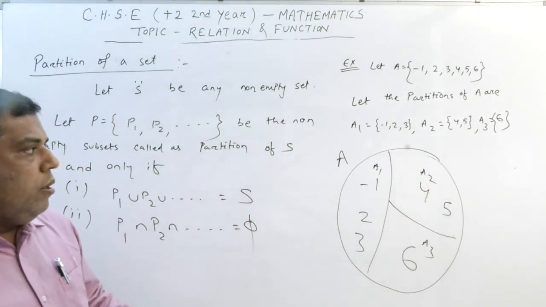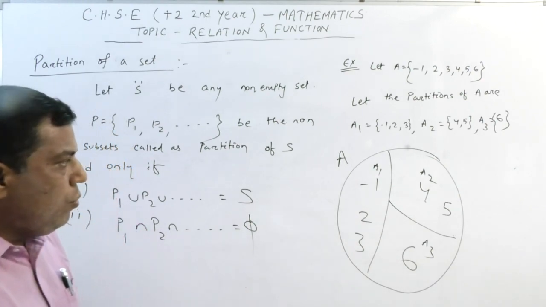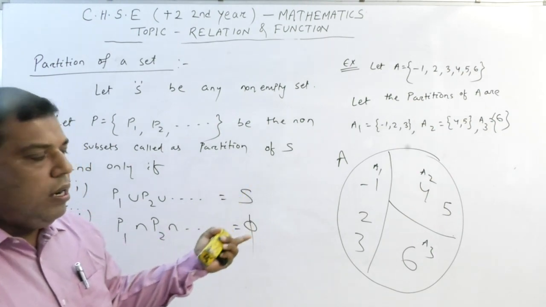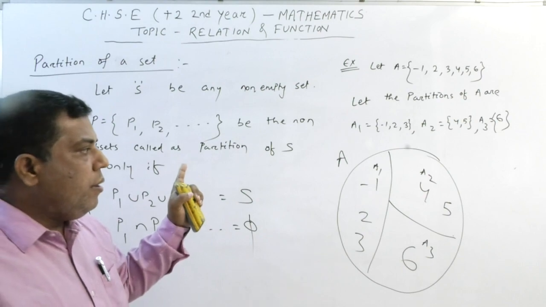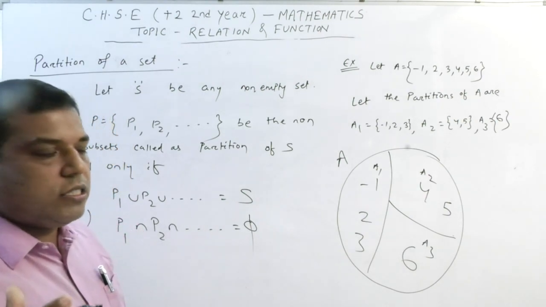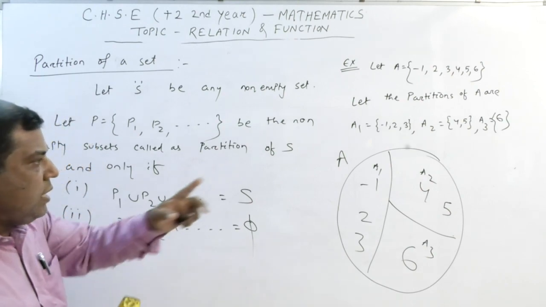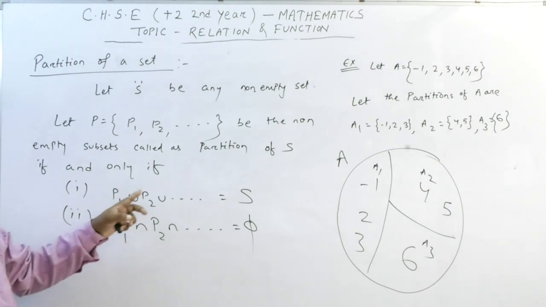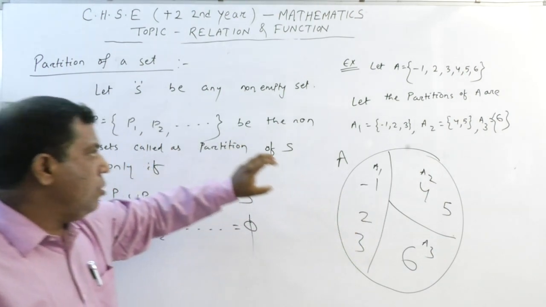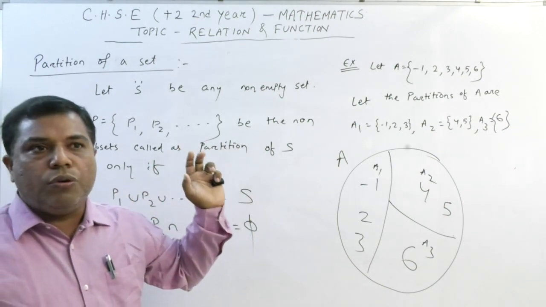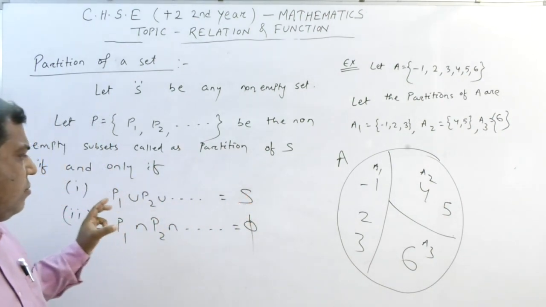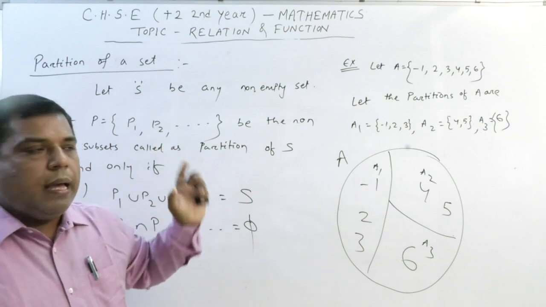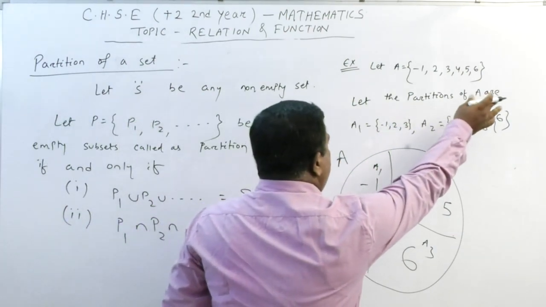You can observe that their union is equal to the total set, and they have no intersection with each other, that means the intersection is empty. So it satisfies both conditions, and only then are they called partitions. Yes, it is a partition.